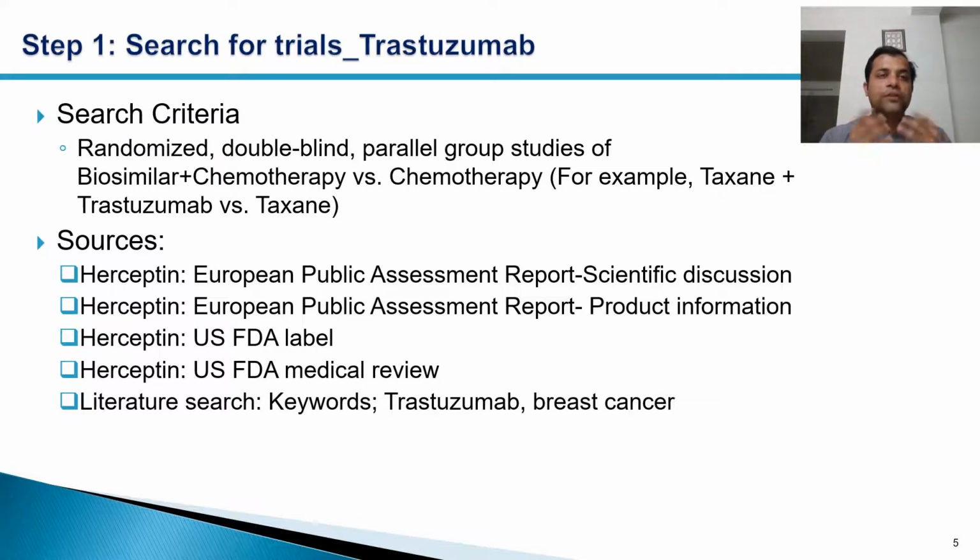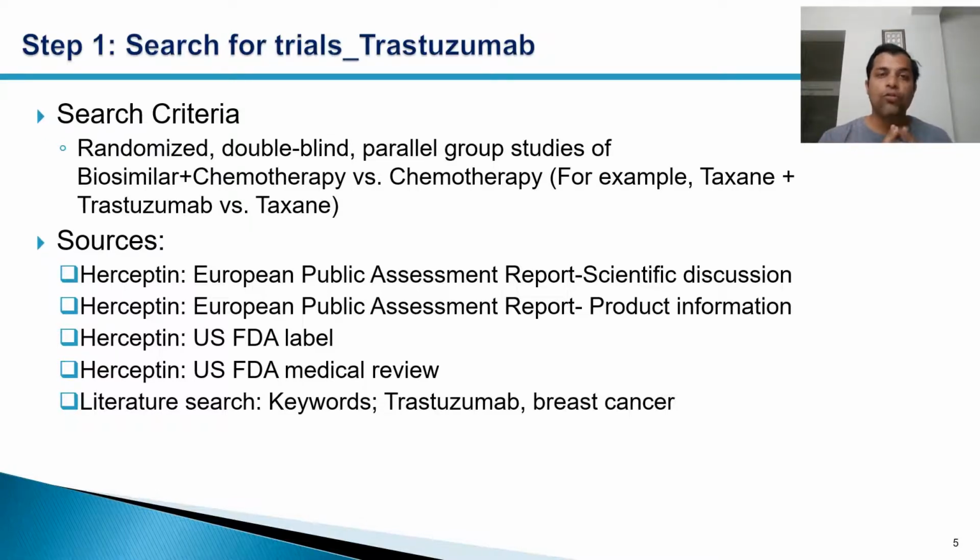So, now the thing is, what are the sources in which we can get this information? For trastuzumab, the brand name is Herceptin. So, one can look at the following sources. One can use European Public Assessment Report, which is known as EPAR in short form, for the scientific discussion and product information.